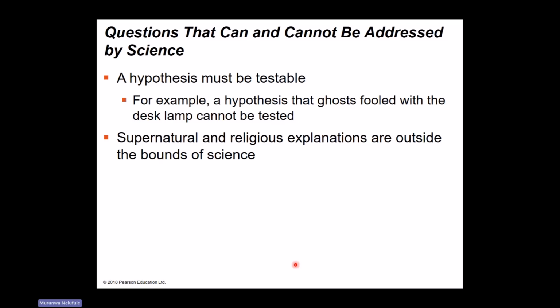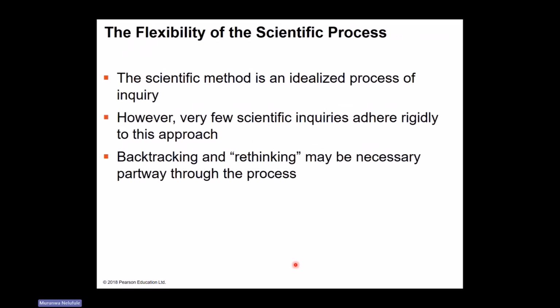It can't be a hypothesis. Superstitious and religious explanations are outside the bounds of science. That's why we don't delve into beliefs, because they cannot be tested. It cannot be factual.